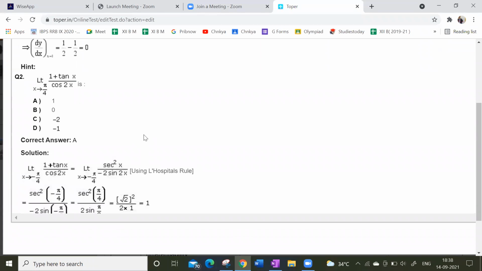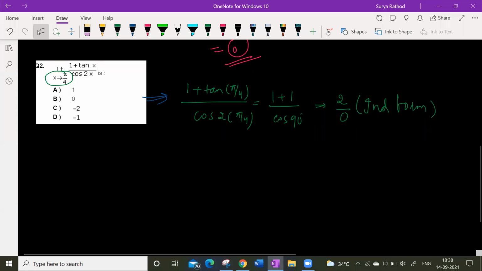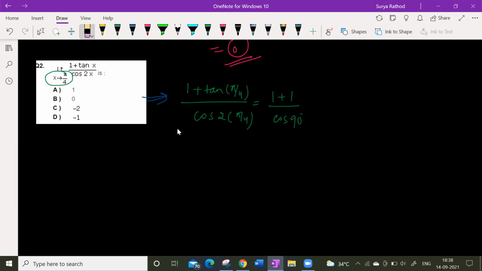Cos 2x, I think. But L'Hospital rule, what I told you, can be used whenever you have 0 by 0 and infinity by infinity only. I think it should be minus here. It should be minus, then you will get 0 by 0, and then you can use it.